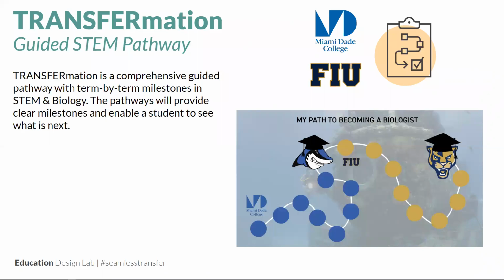And so here, what we were noticing is that when we looked at the number of students who started at Miami-Dade and had intended to be STEM majors, and then those who actually graduated from Miami-Dade and transitioned, there was a big gap there. There was a big leak there, to use our design language.